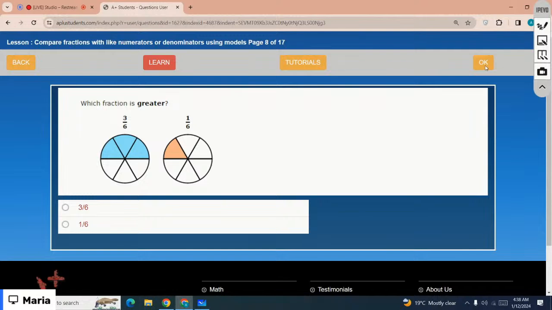Which fraction is greater? 3 by 6, 1 by 6. Which is greater? 3 by 6 is greater, right? The correct option is 3 by 6.